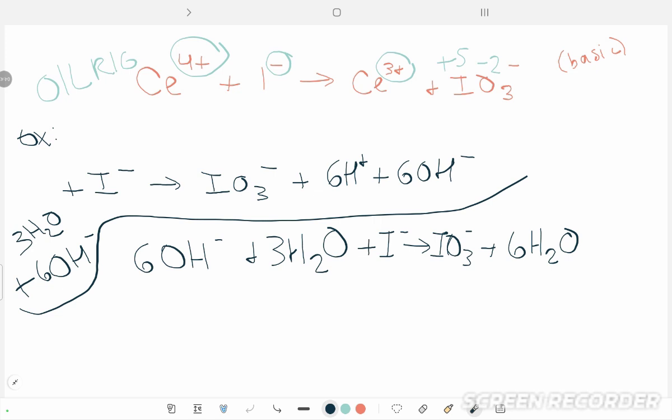Now that we have that, you can see that there's H2Os on both sides. There's the 3 and there's the 6. So you're going to cancel out all 3 here, and this one's going to just switch to 3H2O.